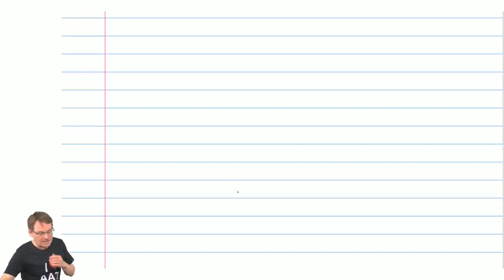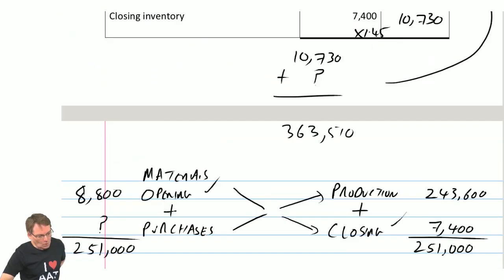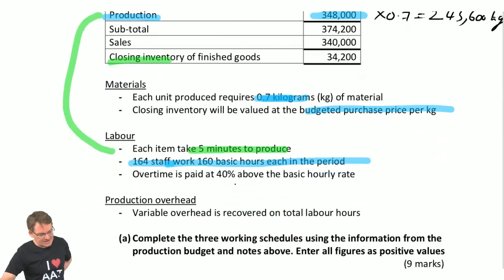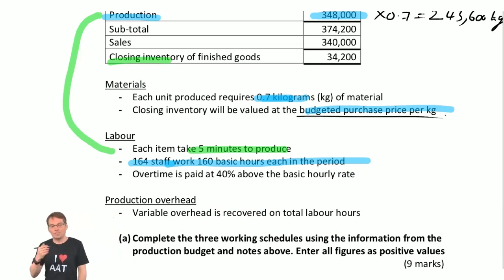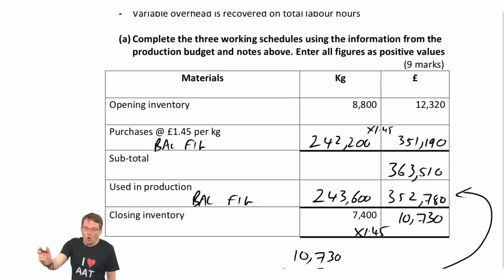So we did it the same when we did the materials, because it says the materials closing inventory will be valued at what we have bought this period. Yeah. So again, what did we use first? The first things that we used were the 8,800 kilos that were already there. Those were the first ones in, so they're the first ones that come out.